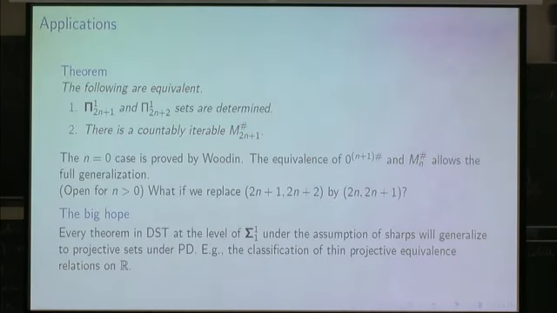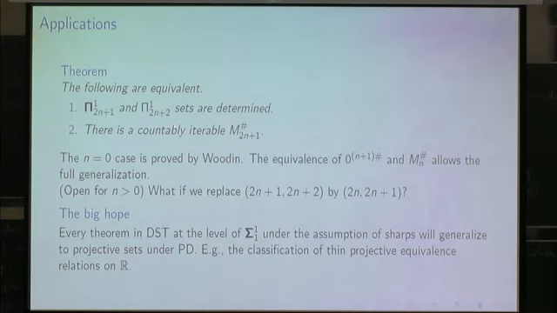And finally, as an application, we can prove the equivalence between the existence of the light face mouse M2n plus 1 sharp and the determinacy of bold face pi 1 2n plus 1 and light face pi 1 2n plus 2 determinacy.